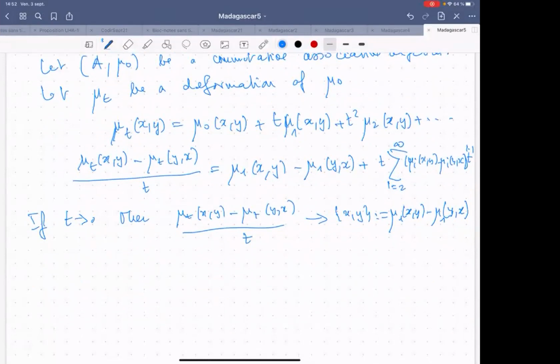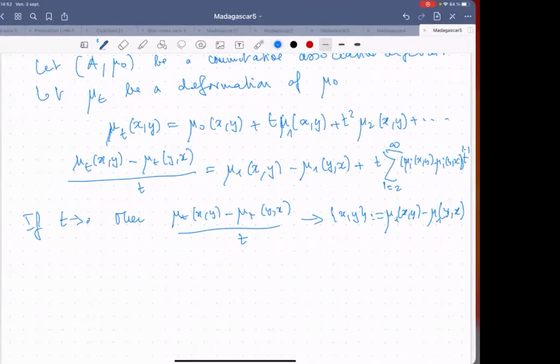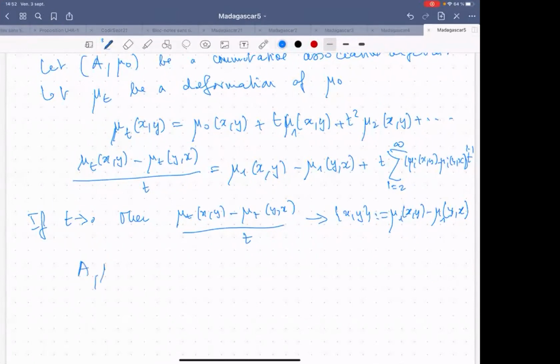Now the result here of the theorem is that this bracket always defines, if I consider mu0 and this bracket defined here, a Poisson algebra.